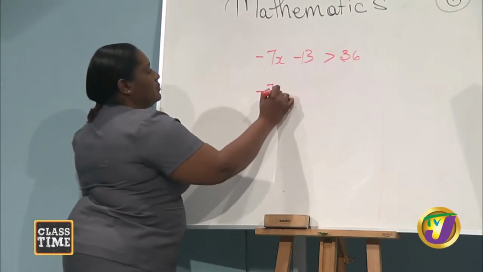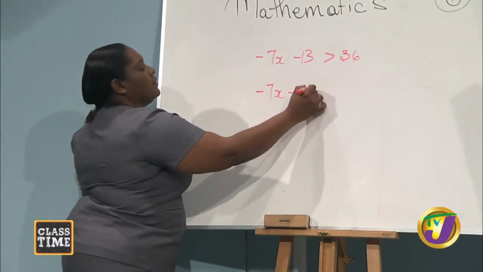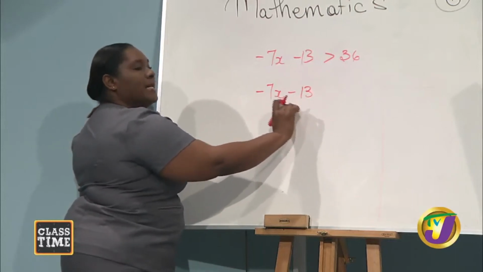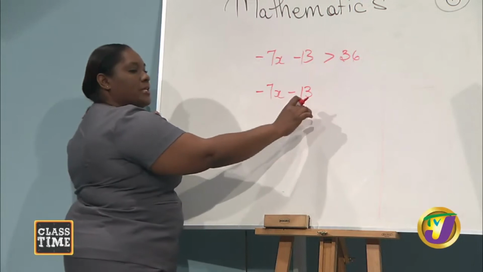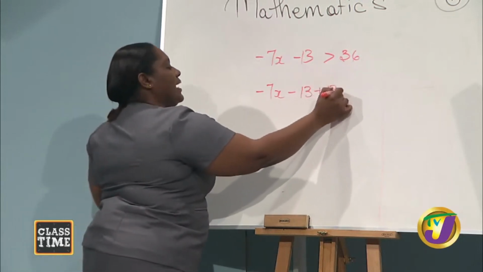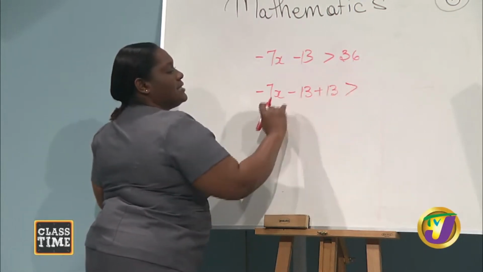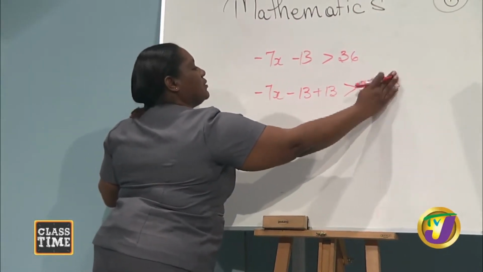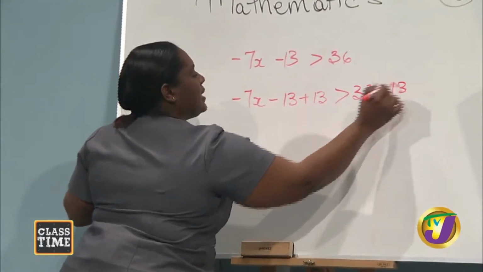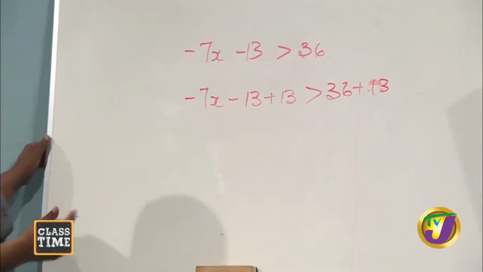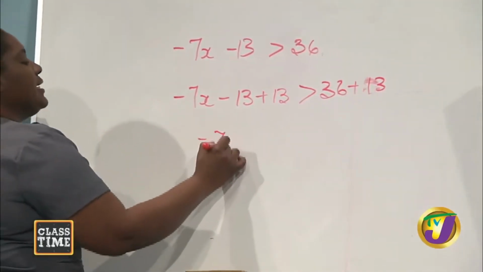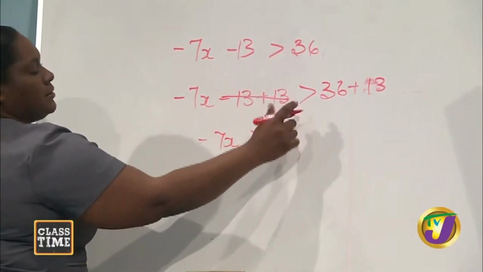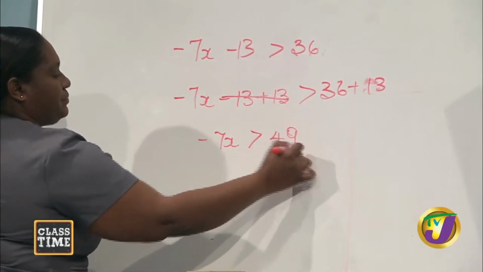So it's negative 7x subtract 13, added to 13. We need to transpose and maintain this balance. We're going to add 13, and that is greater than 36 added to 13. Whatever we do on the right-hand side, we also do to the left. So now it is negative 7x greater than 49.